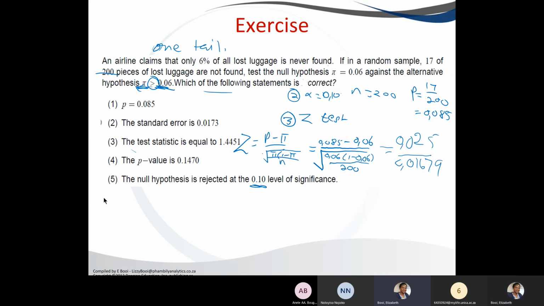So if I calculate 0.025 divided by 0.0167 and the whole other number, quickly calculating that, it is equal to 1.49.